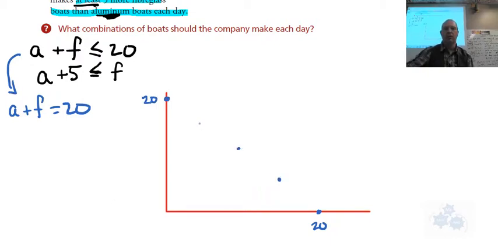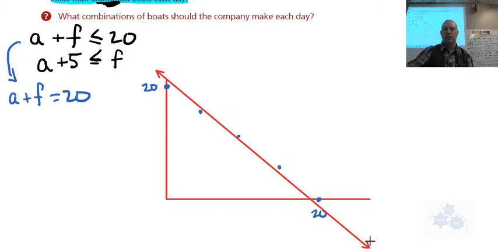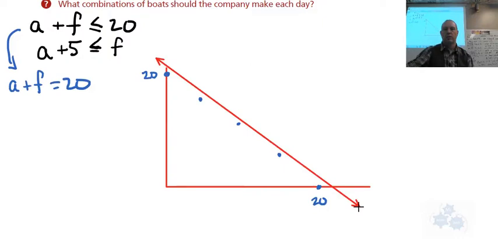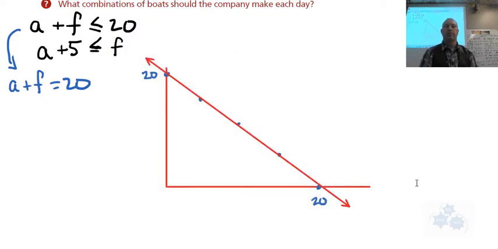So you see how this is forming this line. I'll make a line here and try to fit it through all those points. There we go. So there's the first boundary line.